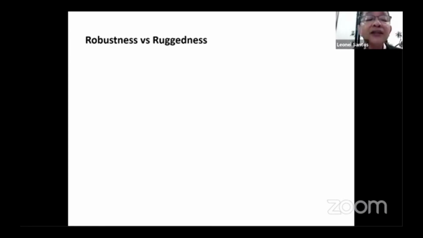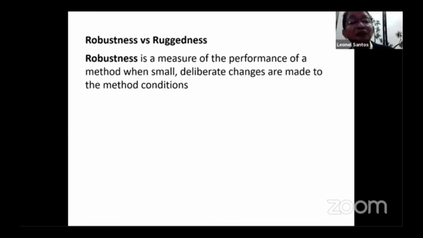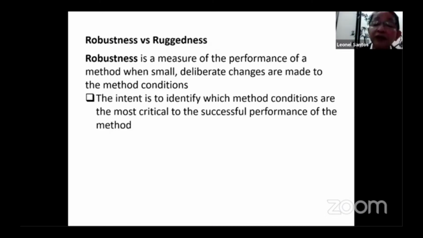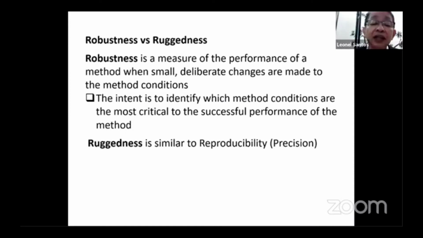Reproducibility. Make sure that we understand the terms robustness and ruggedness, because robustness, again, is a measure of performance of a method when you are deliberately making a small change in the method conditions. These method conditions that are being changed are the ones that are identified to be critical.